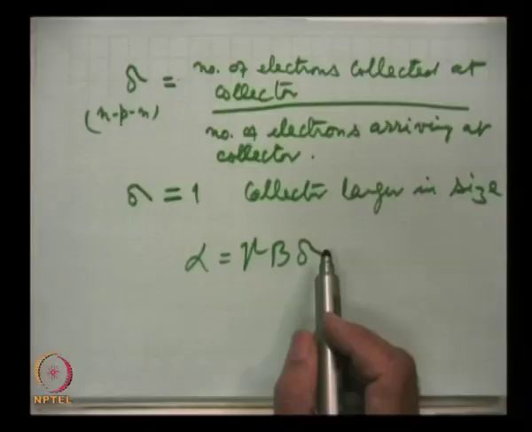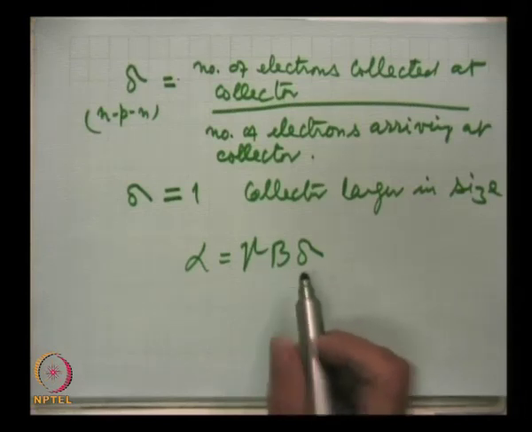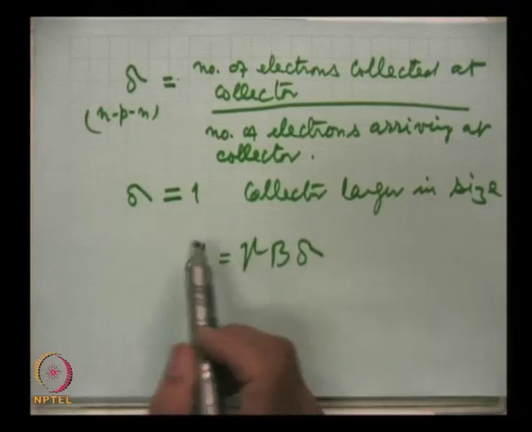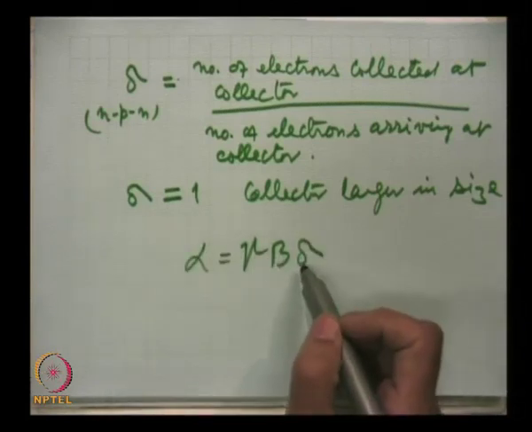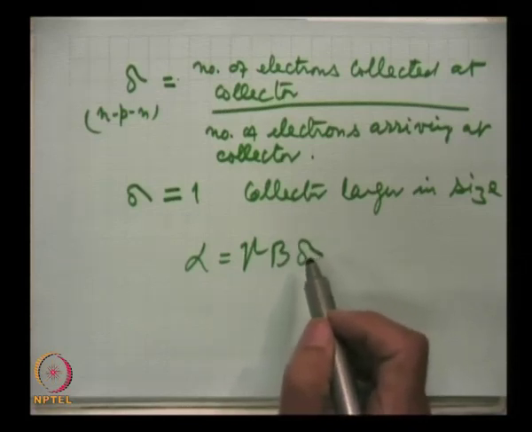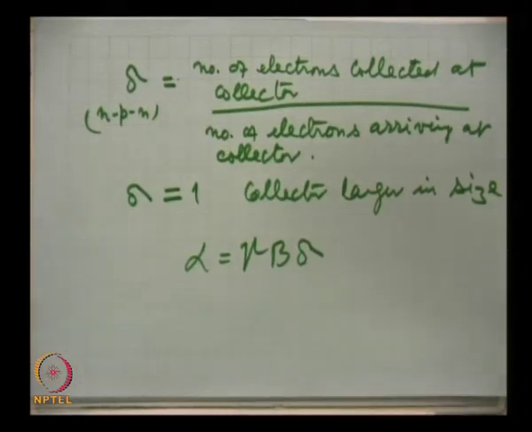And of course, this collector efficiency is always closer to 1 for well designed transistors, because there is no loss of electrons. The size of the collector is kept higher as compared to the others. So, this is about how we can assemble an efficient transistor.